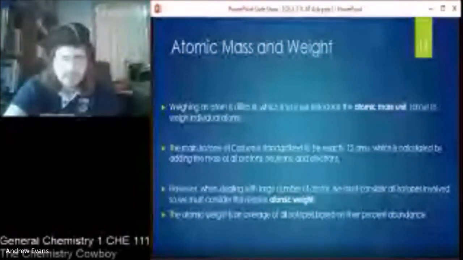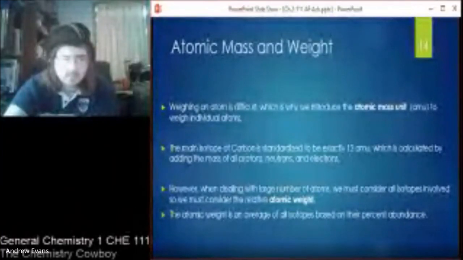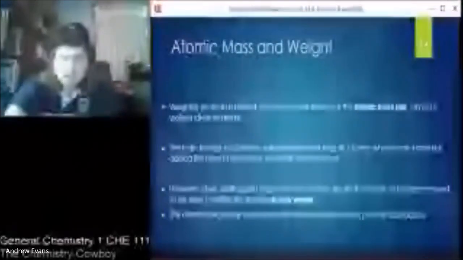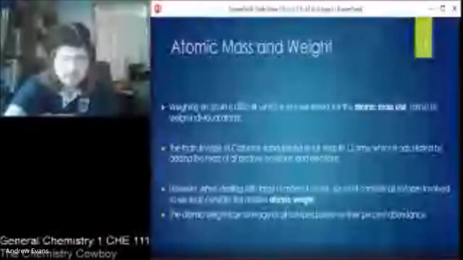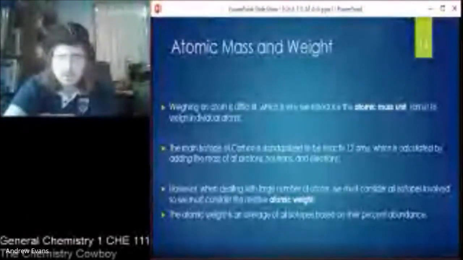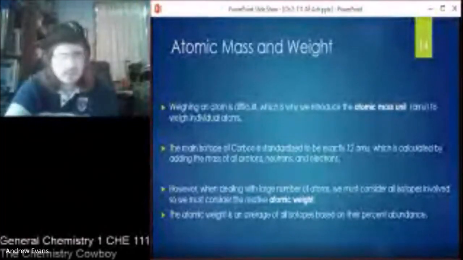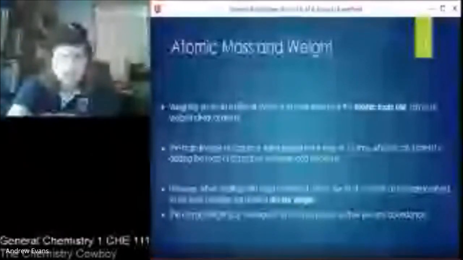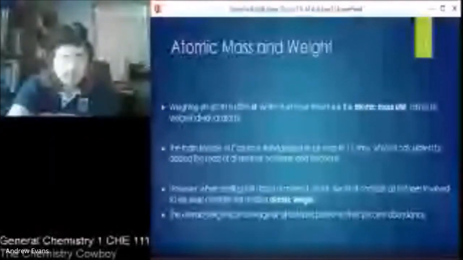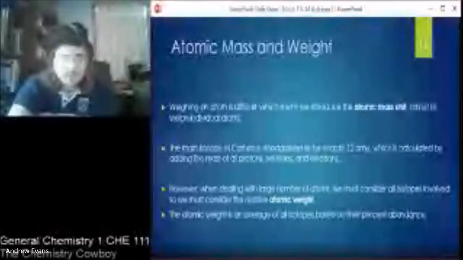And so we have to consider the isotopic abundance, and that's where we get something called a relative atomic weight. If you look at a periodic table, as we will in a few minutes, you'll notice you have the atomic number up top, and below the element you have an atomic weight.